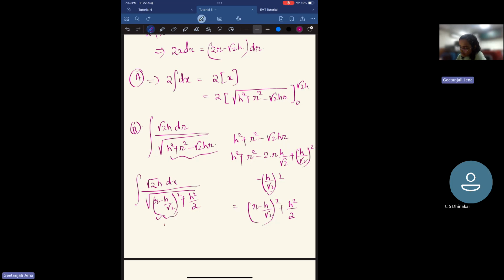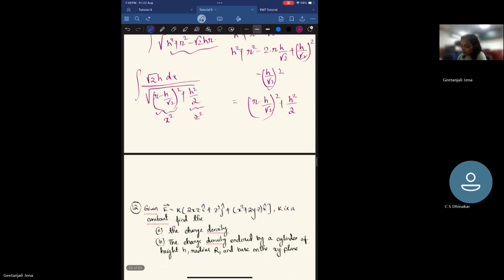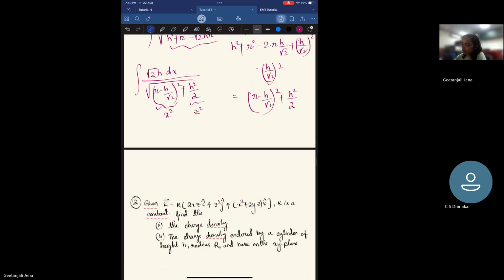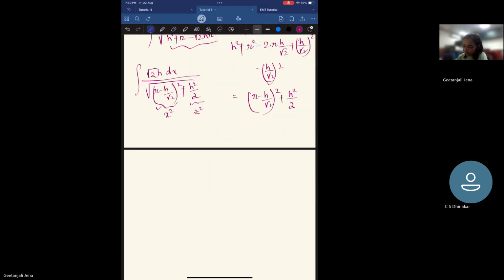You can take it, this is some x square, this is z square. So x I'm taking is r minus h by root 2, z is h by root 2.